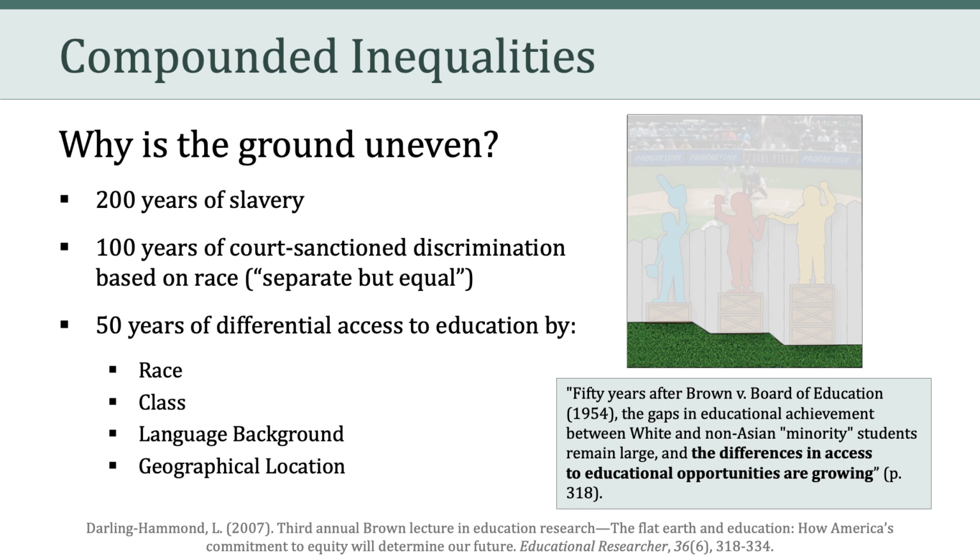Board of Education, the gaps in educational achievement between white and non-Asian minority students remained large. And here's the big point, the differences in access to educational opportunities are growing. They're not shrinking, they're growing. A question I have for all of you is, what role do you think technology has played in those growing differences in access to educational opportunity?